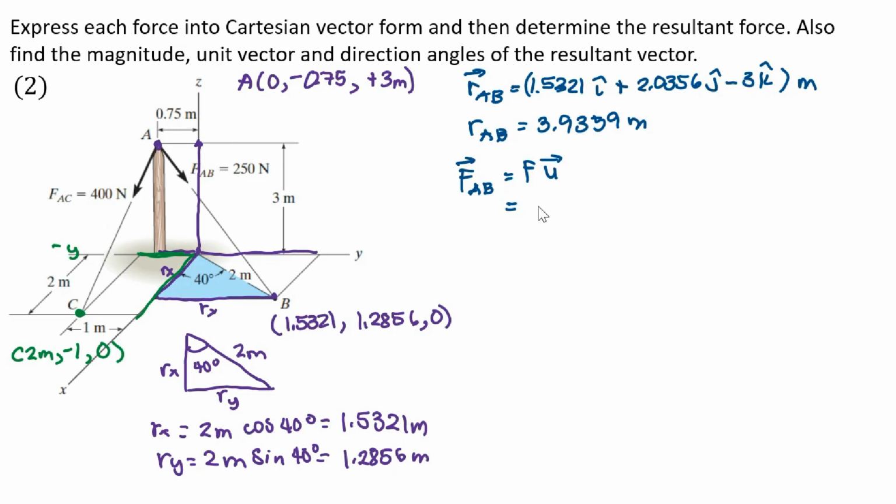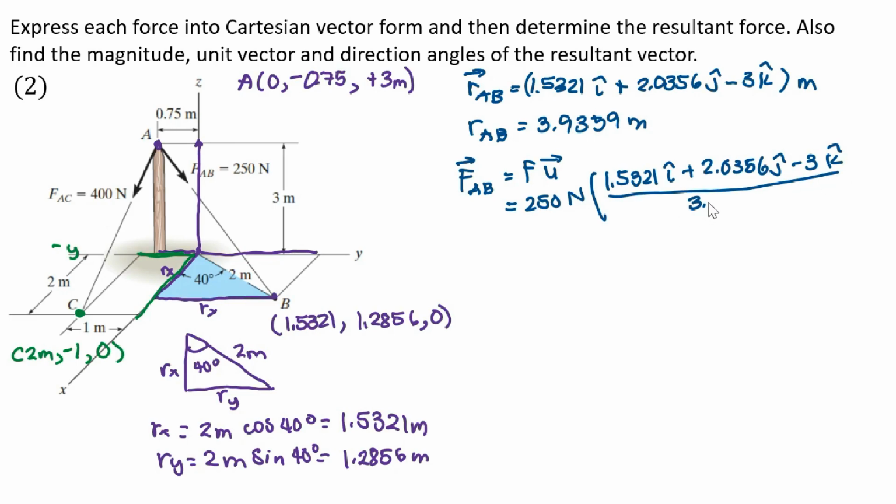The magnitude of force AB is 250 Newton times the unit vector, which is 1.5321 i hat plus 2.0356 j hat minus 3 k hat, divided by 3.9359, and cancel the meters, so that will be the formula.